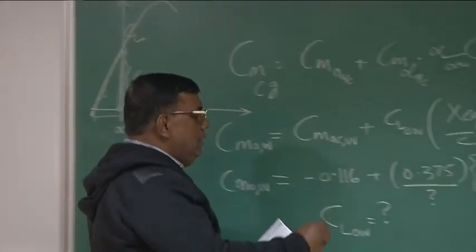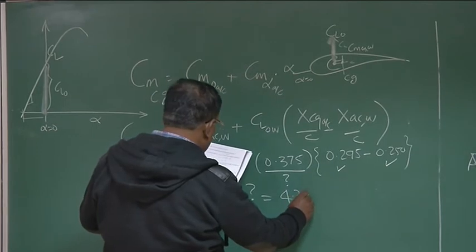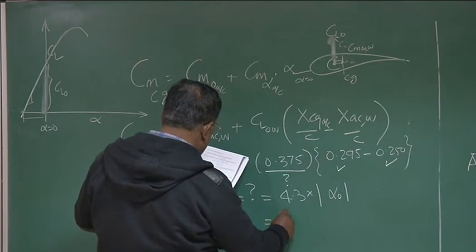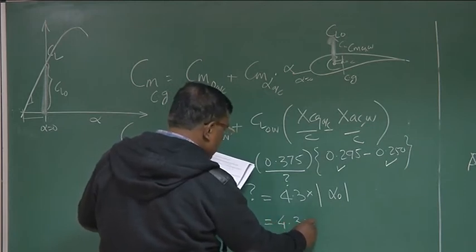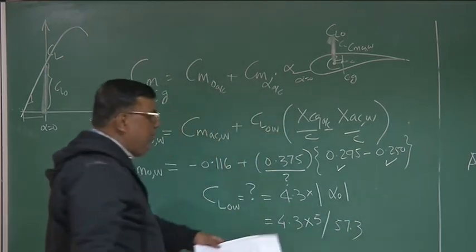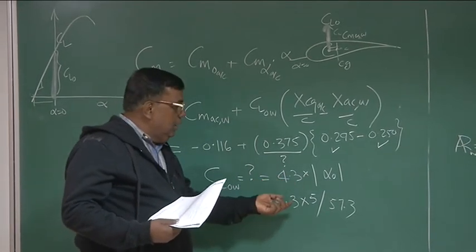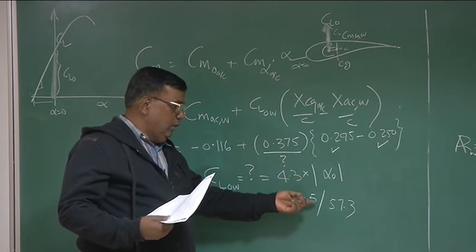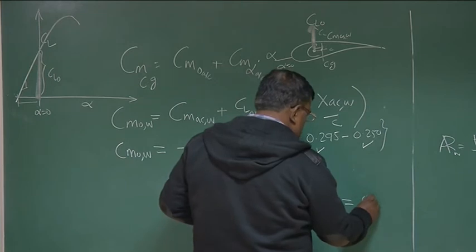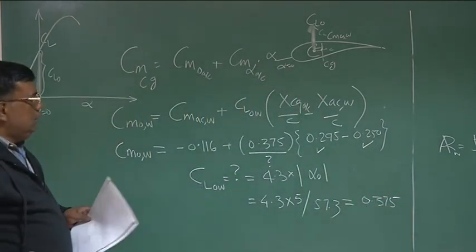So CL naught will be CL alpha, which is 4.3 into epsilon alpha naught, and that is equal to 4.3 into 5 degree divided by 57.3. Why I am dividing by 57.3? Because this 4.3 CL alpha is per radian and 5 is in degree, alpha 0. So I have to convert degree into radian, so divided by this, and thus we get 0.375. Correct? This part is clear.